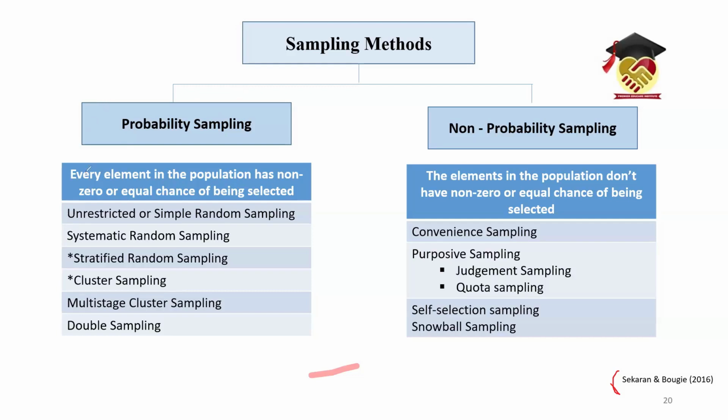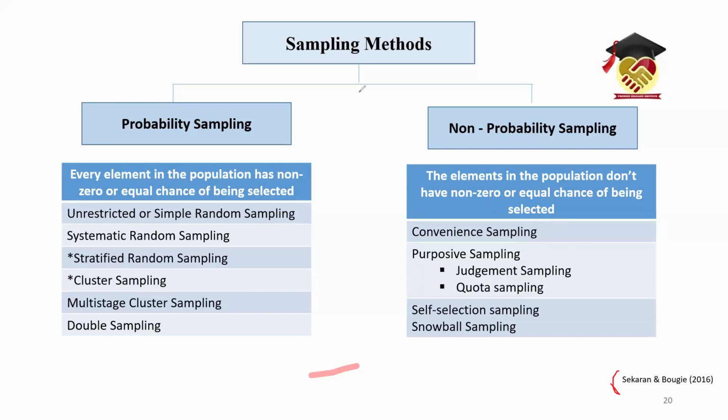And this is the probability sampling. I will be explaining 1, 2, 3, 4, 5, 6. Convenience sampling, the qualitative one, is also called availability sampling. Availability means you want to get the information from the available units. That is convenience sampling. Purposive, I already told you.